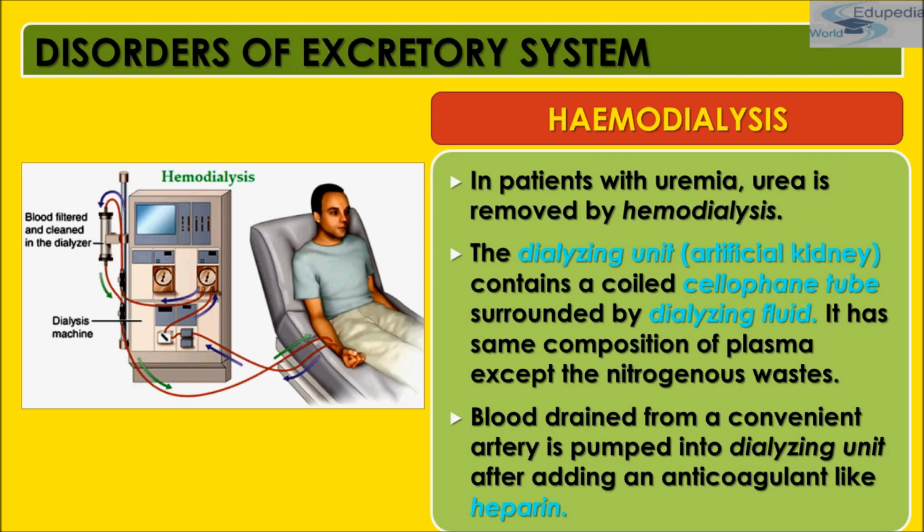However, hemodialysis is an imperfect treatment as it replaces only the excretory function of the kidney and not endocrine functions such as production of erythropoietin and calcitriol. As we know, erythropoietin helps in RBC production, and calcitriol helps in bone formation. So hemodialysis is an imperfect treatment because it cannot perform the endocrine functions such as production of erythropoietin and calcitriol. What does erythropoietin do? It helps in RBC production, and calcitriol helps in bone formation.